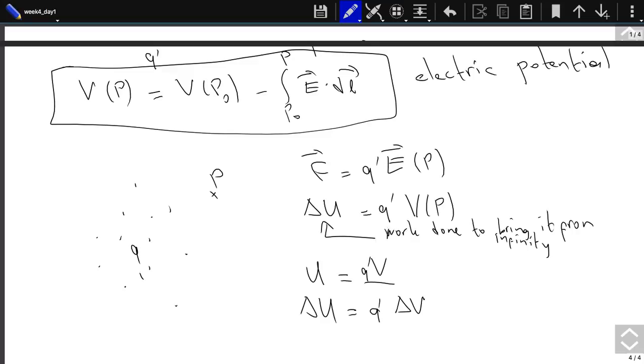The charge might be moving from a point which has a lower potential to a point which has a larger potential if it's a negative charge. It's just like the electric field. Negative charges move in the opposite direction of the electric field, and the potential increases in the direction opposite to the electric field. It decreases along the direction of the electric field. So that's why negative charges go to the points which have a larger potential.